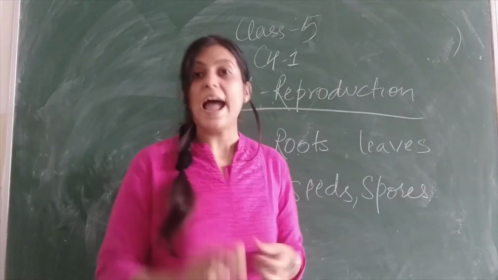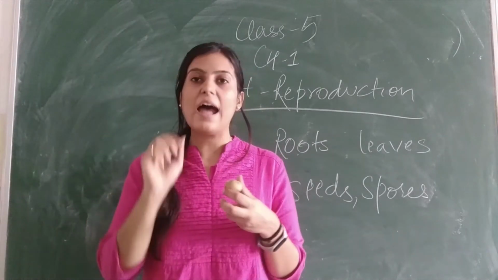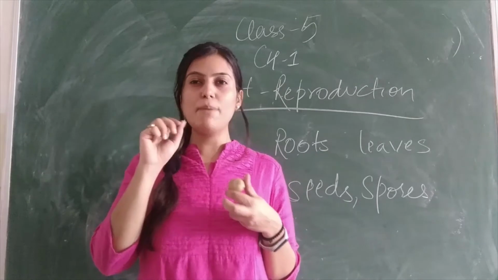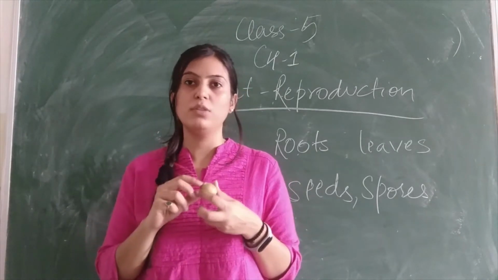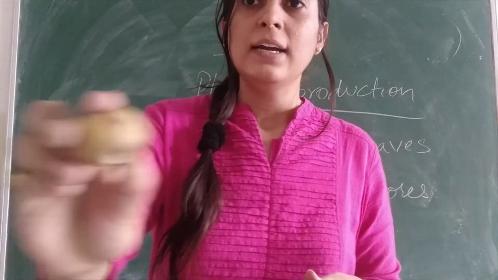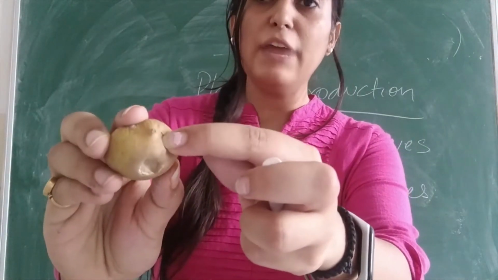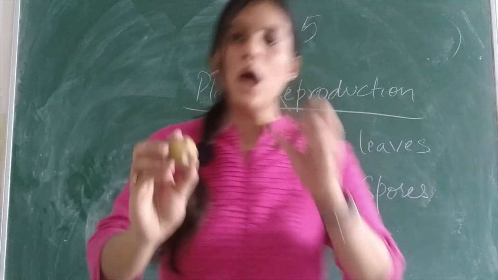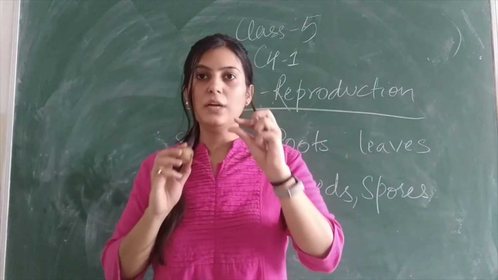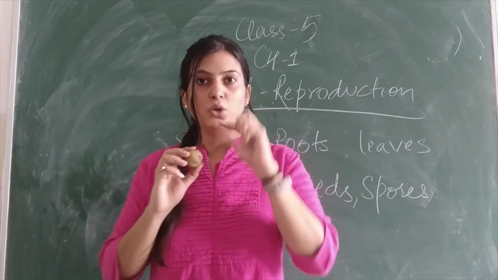Sometimes it has eyes, or you have seen small buds growing out from the potato. This is the eye. This eye will grow into a bud, a green colored bud, out of which a plant will grow.